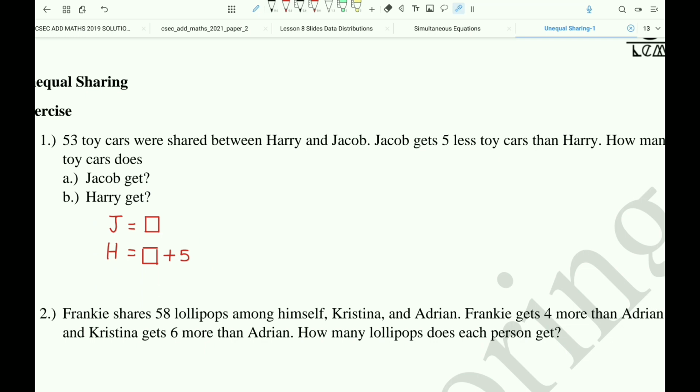So what's our next step? Well, our next step is to add everybody's number and put it equal to the total, right? So if you think about it, it makes sense. Jacob's amount plus Harry's amount added up is going to be equal to the total amount we had before sharing. Okay?